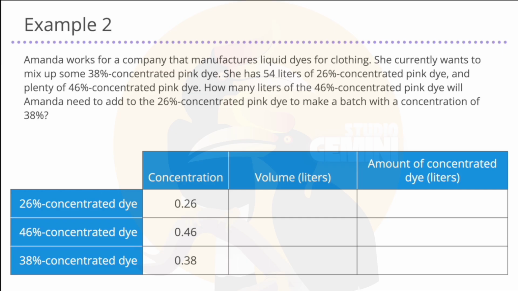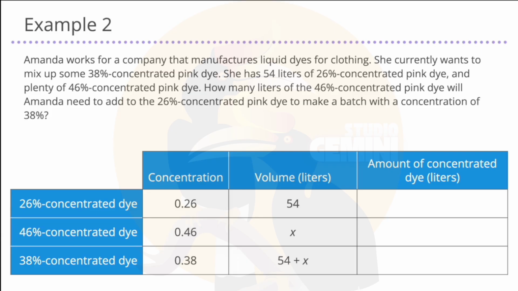In our second column, we know that we have 54 liters of 26% concentrated dye, so we'll write that here. Let's use the variable x to represent the quantity of the 46% concentrated dye, since that's what we need to find. There are 54 liters of 26% concentrated dye and x liters of 46% concentrated dye, so we have a total of 54 plus x liters of the 38% concentrated dye.